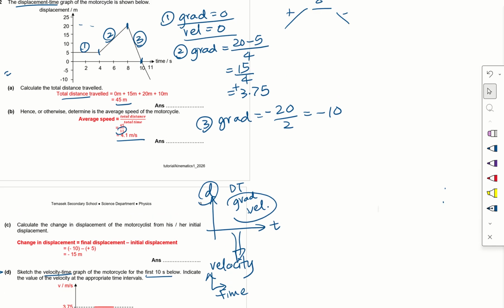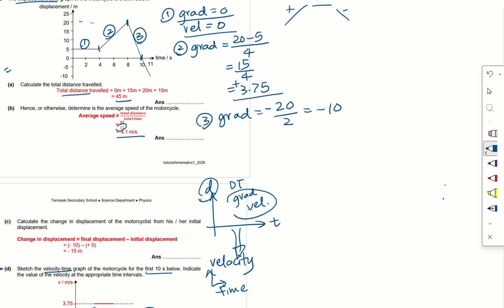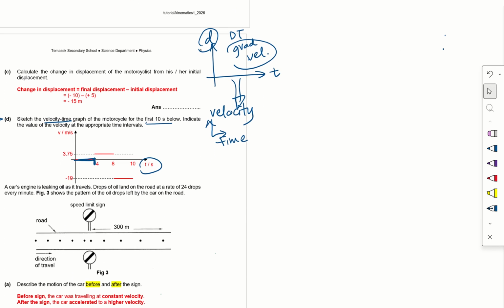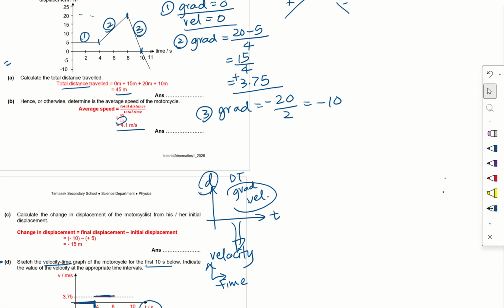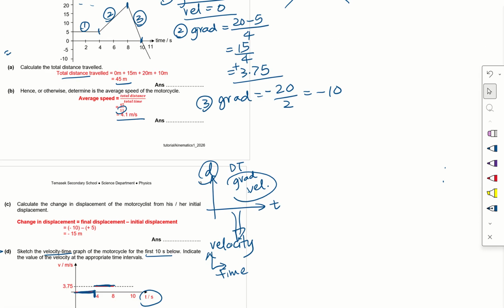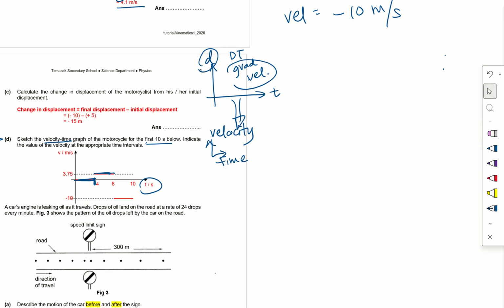Next, from 4 to 8, we have a positive and constant value of 3.75. So that's why it looks like this. And lastly, in section 3, 8 to 10 seconds, the gradient is negative 10. That means the velocity is negative 10 meter per second. So we map it to this and we are done, right?